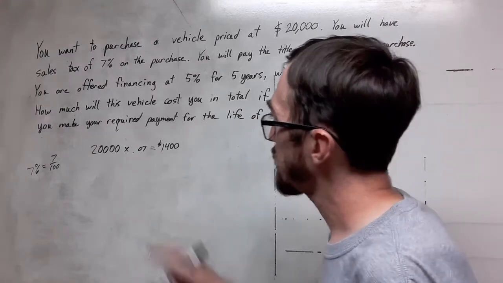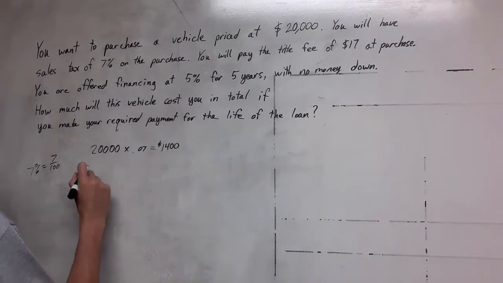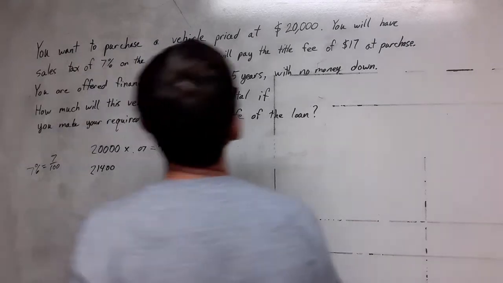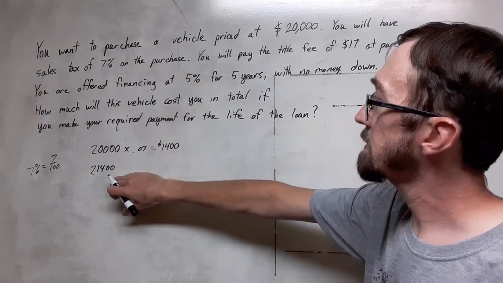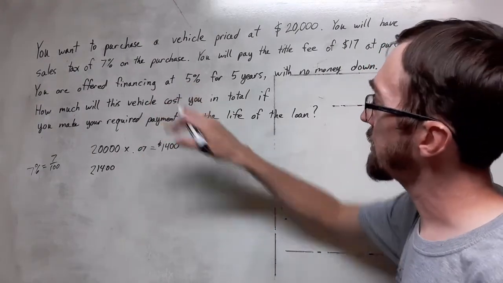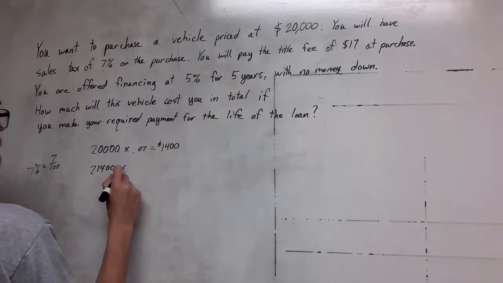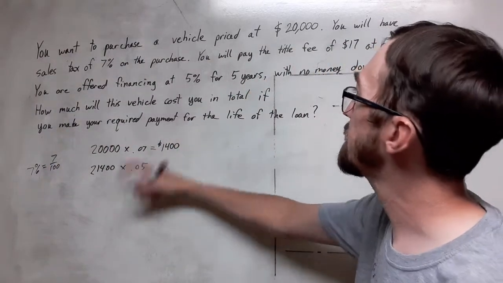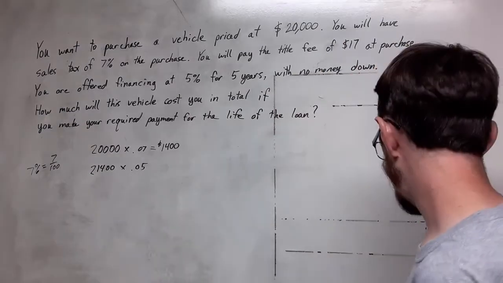We're going to add this $1,400 to the cost of the vehicle. And then we are going to figure out what 5% of this is, because that's going to be our loan, 5% on that over 5 years. So again, I'm going to write this down as 0.05 because we're taking the 5%, doing the same process we did here and converting it into a decimal.